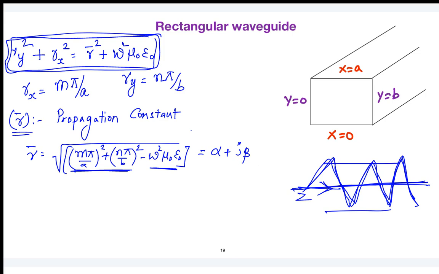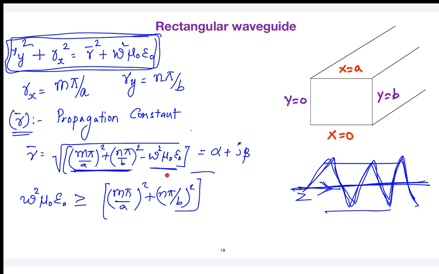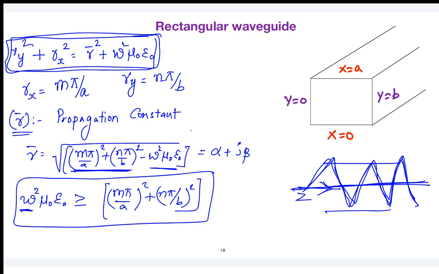That can happen if omega square mu naught epsilon naught is greater than or equal to m pi by a whole square plus n pi by b whole square. If the frequency satisfies this condition, then gamma bar is purely imaginary, and in that case there is no attenuation.